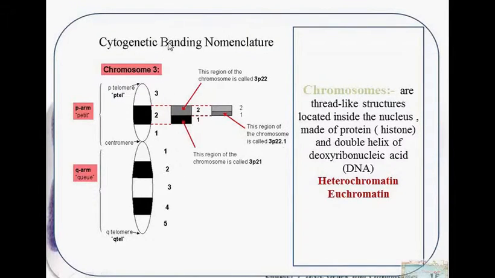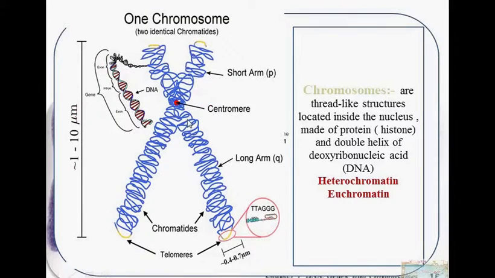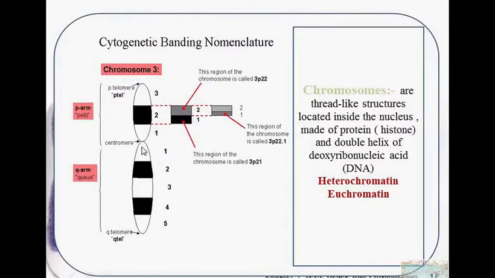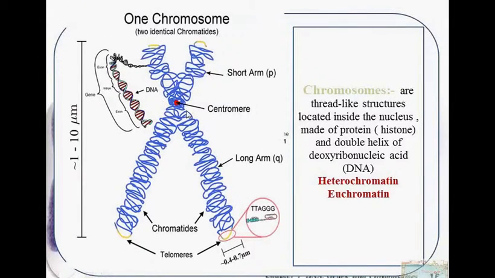Each metaphase chromosome comprises two identical components, and these two symmetrical halves are called sister chromatids. Now we can see two sister chromatids here. Let us consider one of these. In the center, they are attached together at a constricted region which is called a centromere, as you can see here.